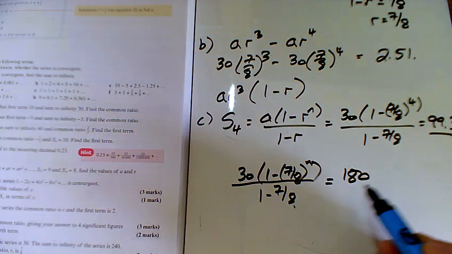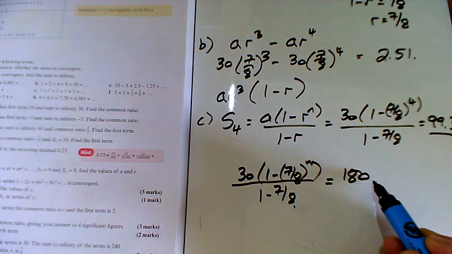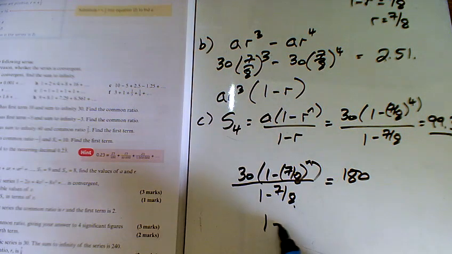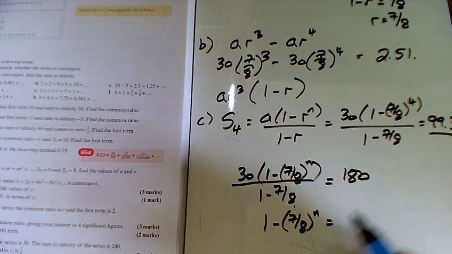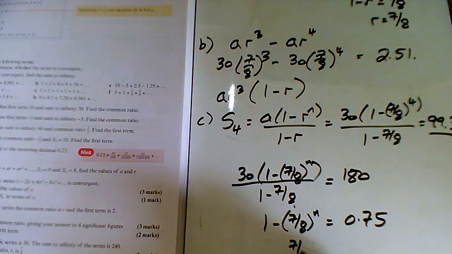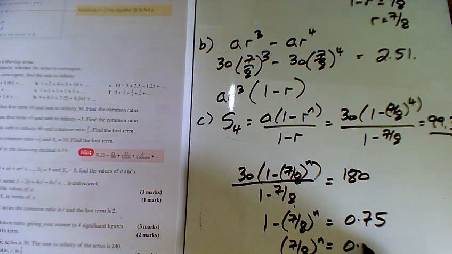So if I times this up here, so I'm going to times by 1/8. I'm also going to divide by 30, will give me 1 minus 7/8 to the power of n is equal to, and that works out to be 0.75. Rearranging that then gives me 7/8 to the power of n will equal 0.25.